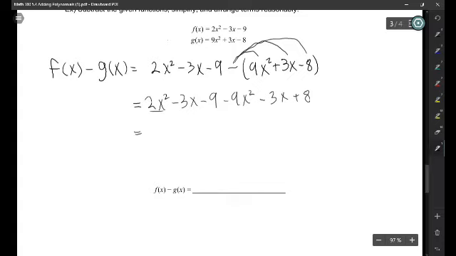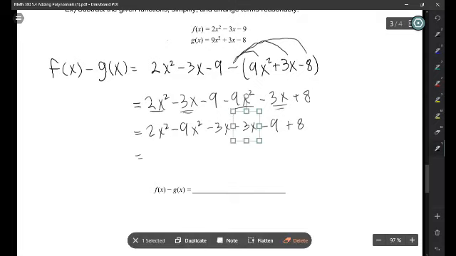So we have x squared terms, 2x squared minus 9x squared, and some x terms, negative 3x minus 3x, and some constant terms, negative 9 plus 8.